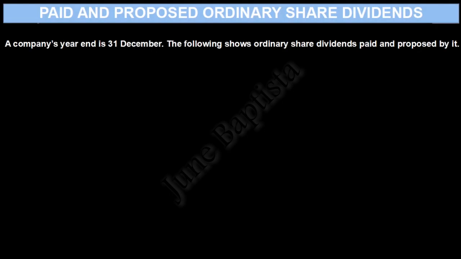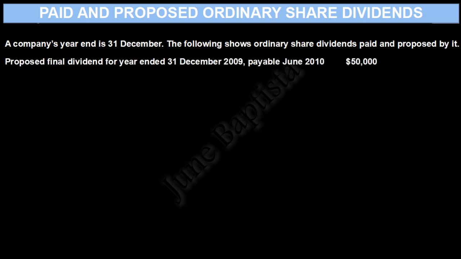Let's look at the following example. A company's year-end is 31st December. The following shows ordinary share dividends paid and proposed by it. Proposed final dividend for the year ended 31st December 2009, payable in June 2010, is $50,000.